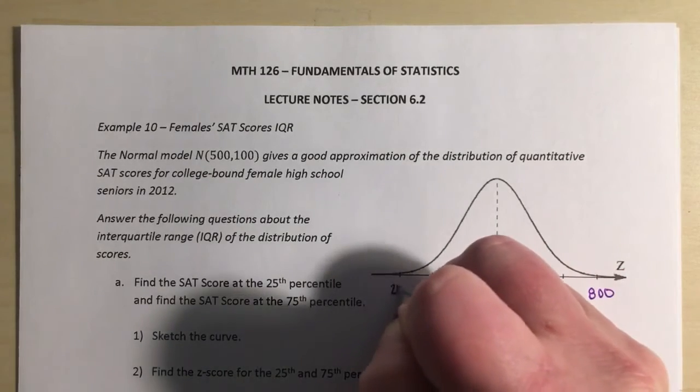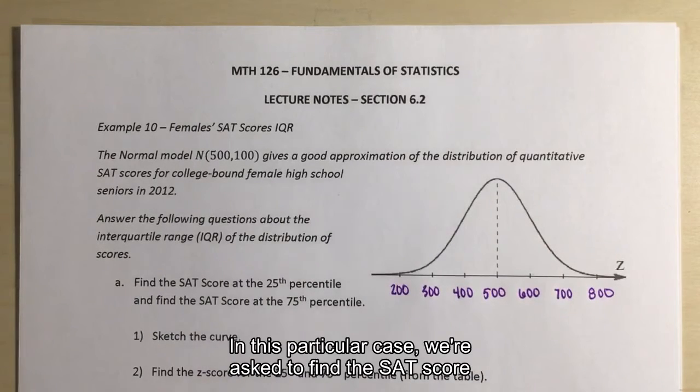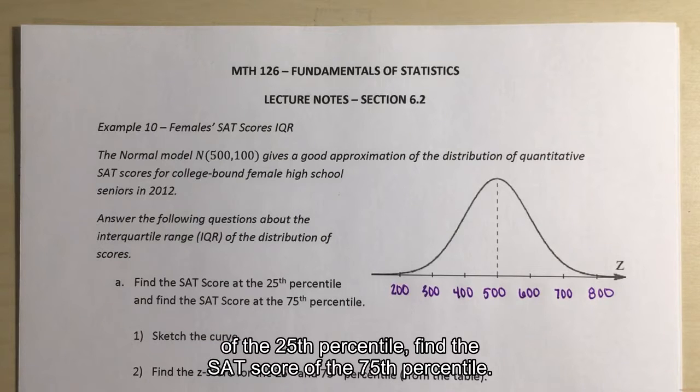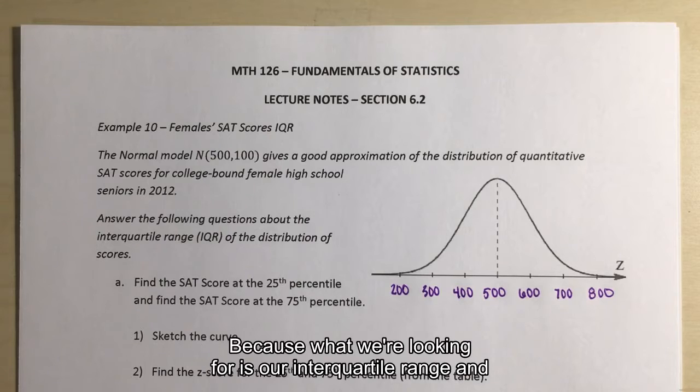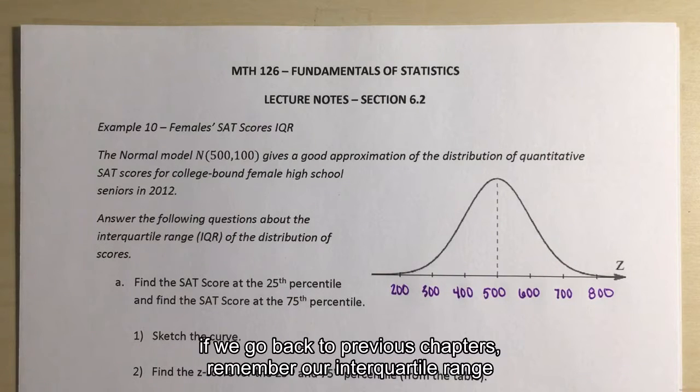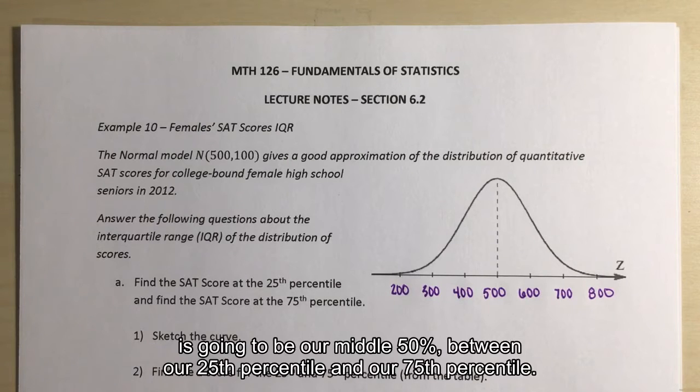All right, so in this particular case, we're asked to find the SAT score of the 25th percentile, find the SAT score of the 75th percentile, because what we're looking for is our interquartile range. And if we go back to previous chapters, remember our interquartile range is going to be our middle 50%, between our 25th percentile and our 75th percentile.